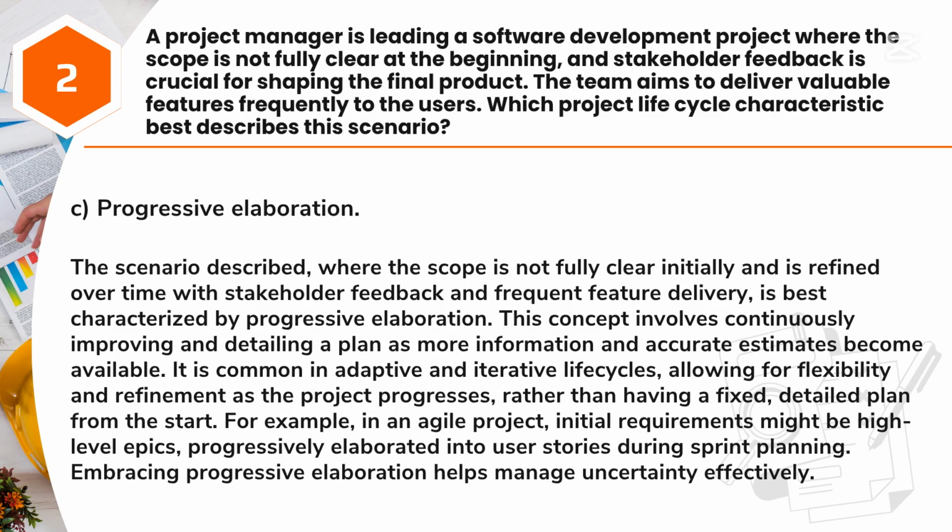It is common in adaptive and iterative life cycles, allowing for flexibility and refinement as the project progresses, rather than having a fixed, detailed plan from the start. For example, in an Agile project, initial requirements might be high-level epics, progressively elaborated into user stories during sprint planning. Embracing progressive elaboration helps manage uncertainty effectively.